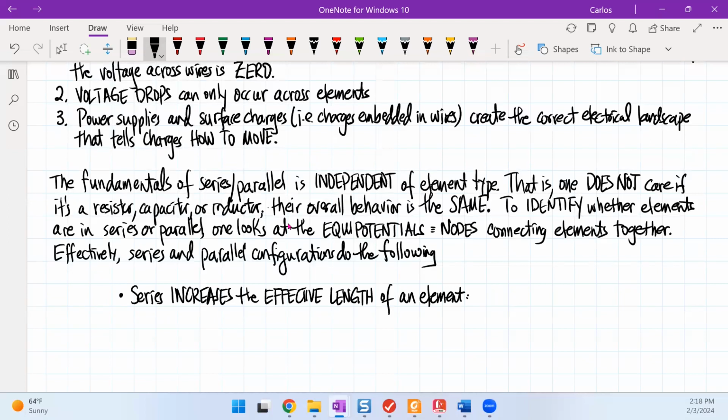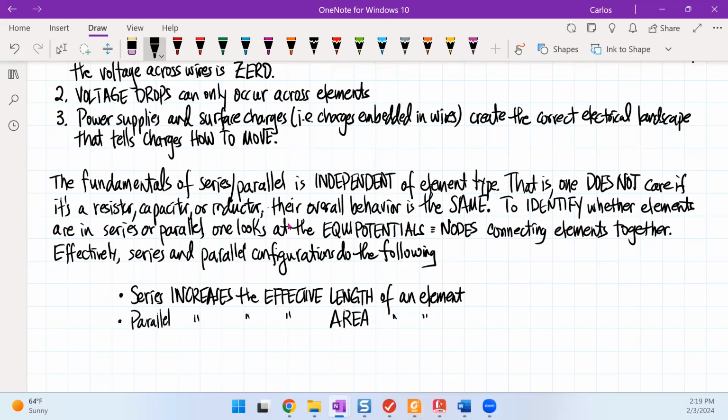So in this case, we see that series resistors, they add. Series inductors, they add. Capacitors do not add in series because they don't depend linearly on length. On the other hand, parallel increases the effective area of an element.